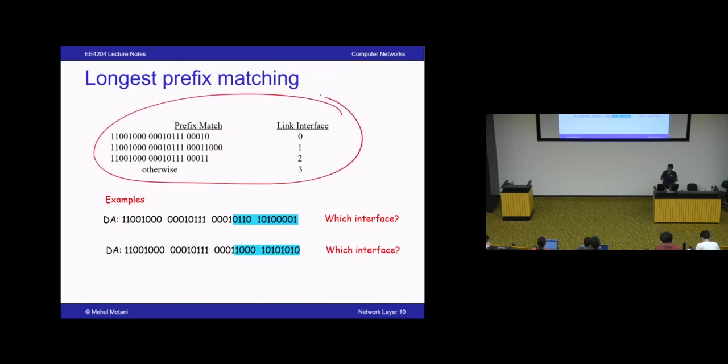This is the forwarding table in my router. So the router already has all the prefixes. When a destination comes in, I don't need to know anything about subnet or host. I just need to match this to this.